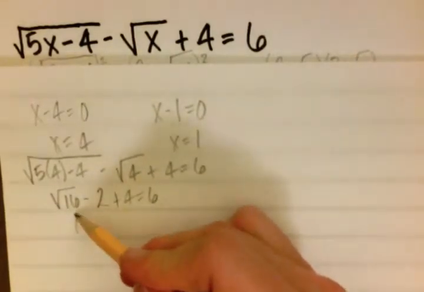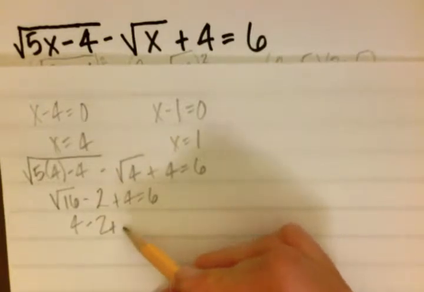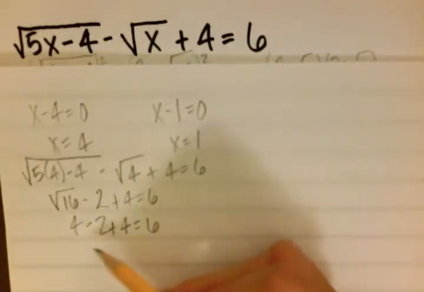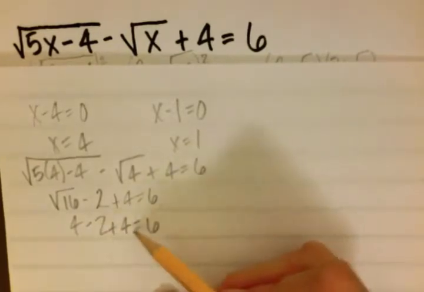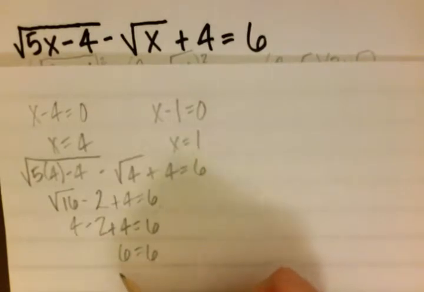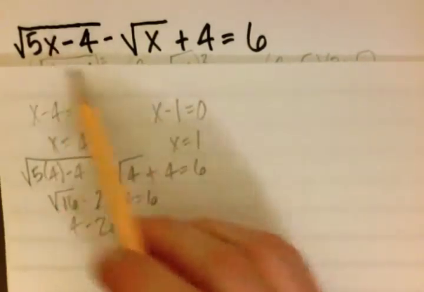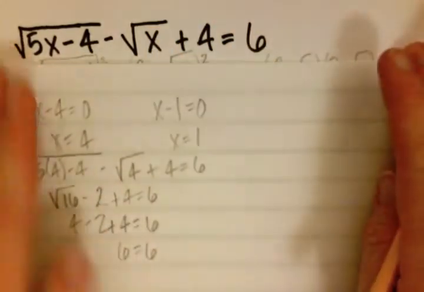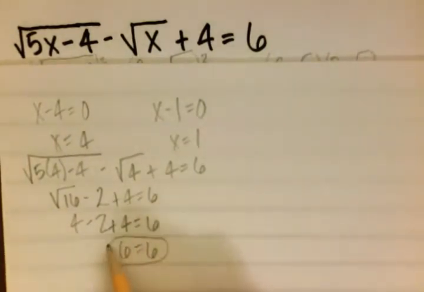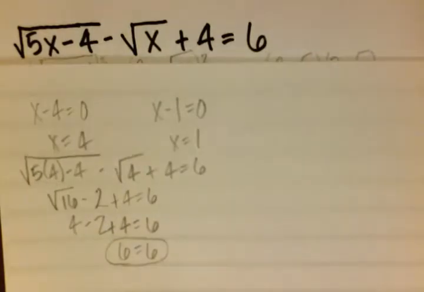Square root of 16 is 4, so 4 minus 2 plus 4 equals 6. And 4 minus 2 is 2, plus 4 is 6, so 6 equals 6. So when we plug our answer 4 back into our original equation, we do get an equal equation here, and that's our answer.